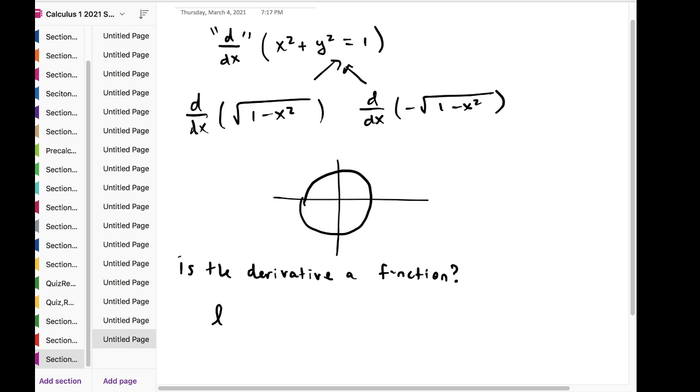And the derivative is this limit. Yeah, something's off here. Yeah, it's precisely because it's not a function.